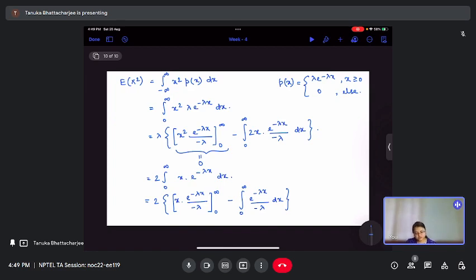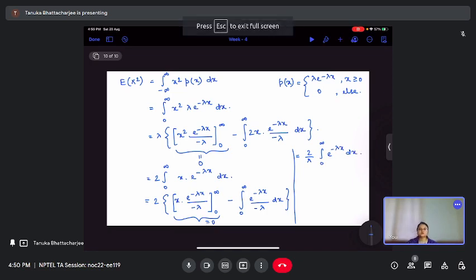So, the first term here again will reduce to 0. If you put infinity, this is 0. If you put 0, this is 0. So, this again becomes equal to 0. So, the term we are left with is, okay.